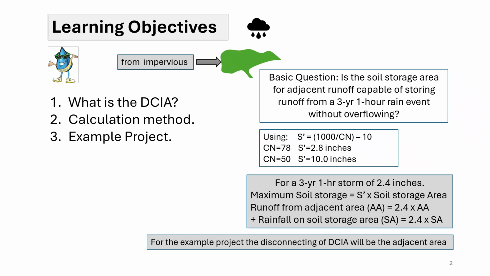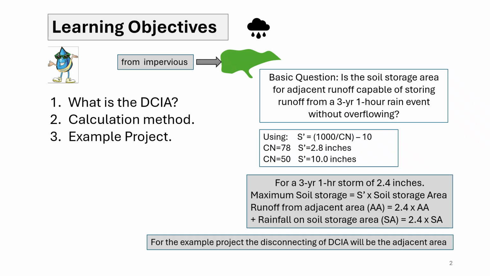The fundamental question we are trying to answer is whether the soil storage area receiving runoff from adjacent impervious surfaces can actually hold that runoff during a 3-year 1-hour rain event without overflowing. For this analysis, we use a storm depth of 2.4 inches.